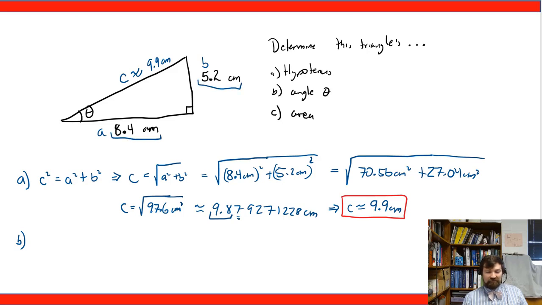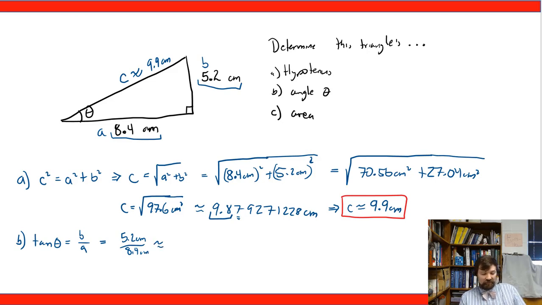And so if for some reason I accidentally miscalculated this, then that would not affect this answer if I use tangent. So tangent theta is opposite, that would be B, divided by adjacent, that would be A. So that means that the tangent of theta is 5.2 centimeters divided by 8.4 centimeters.